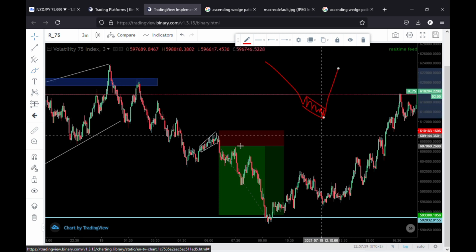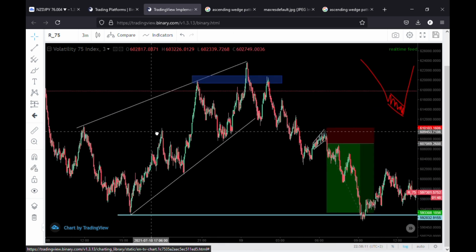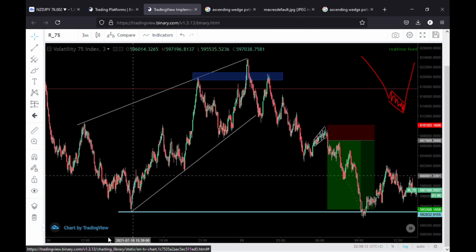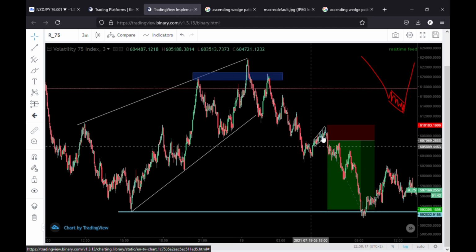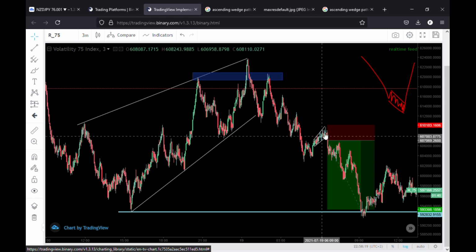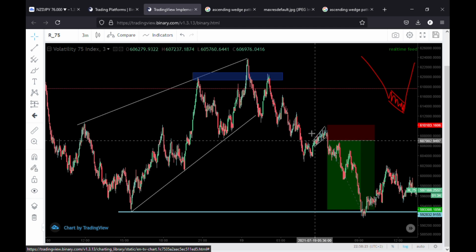And this is what's happening. This is what made me enter. Because now remember, the wedge pattern is telling me that price has to come to this point. And now I'm seeing this very strong signal that buyers are out of strength. So this was a good idea for me.